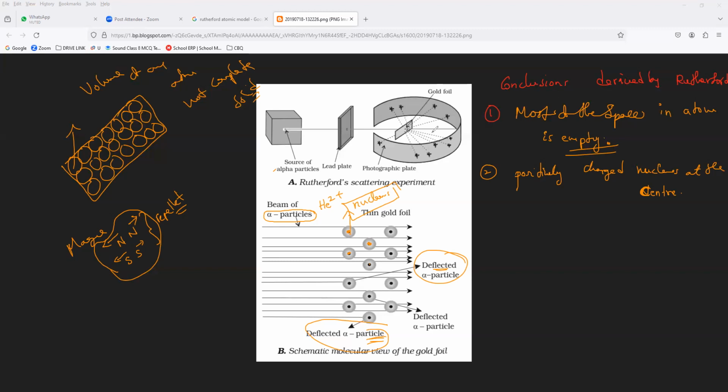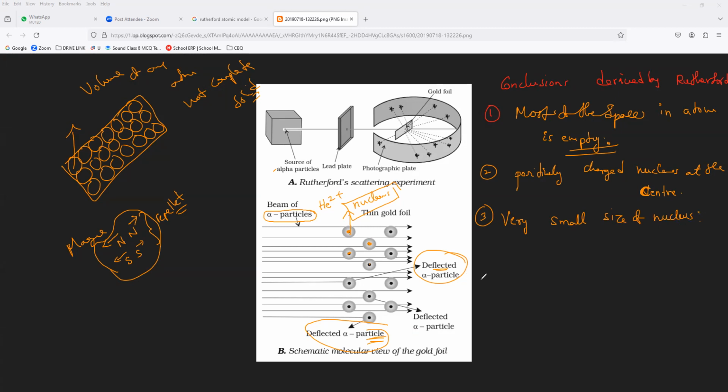So very few only are deflecting. Whatever the angle, small or large, the size of the positive charge is very small or very large? Everybody, from that I can say what? Very small. The size of the nucleus is very small.